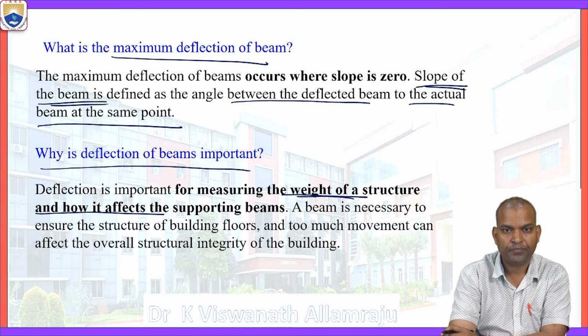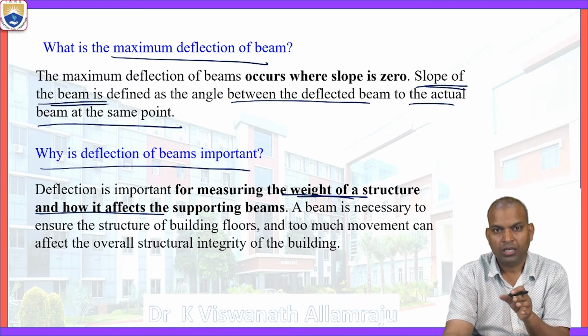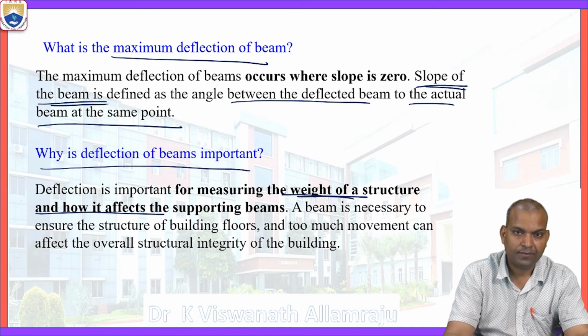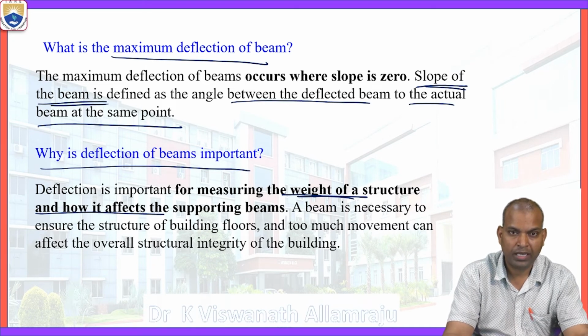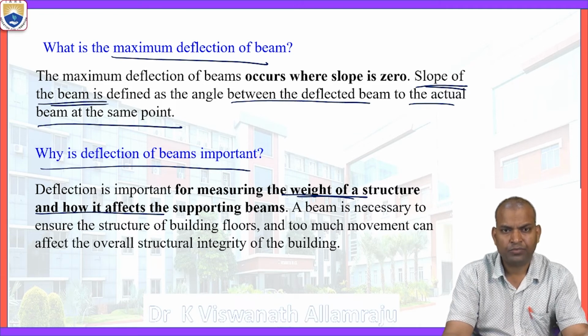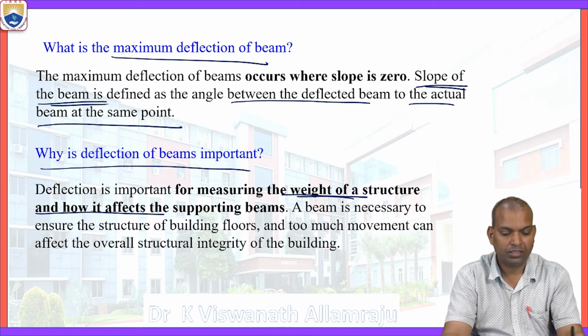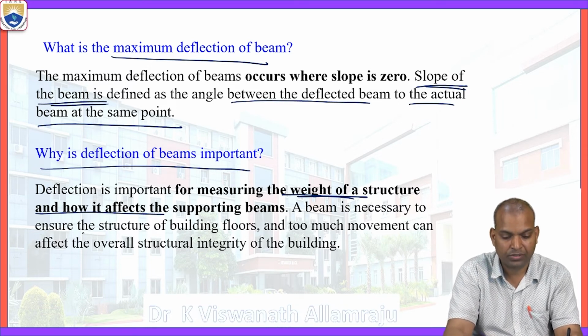catastrophic failure. So, in order to avoid maximum deflections for particular loads, the beam should have more strength. The section modulus of the beam should be high for particular loads, so that we can observe and measure the weight of a structure and how it affects the supporting beams.